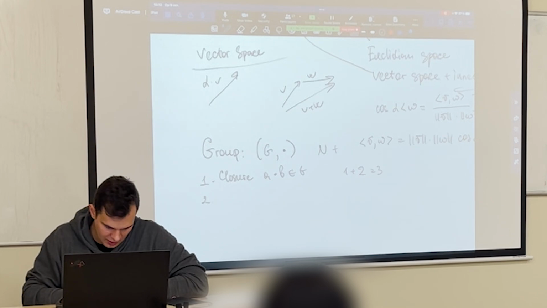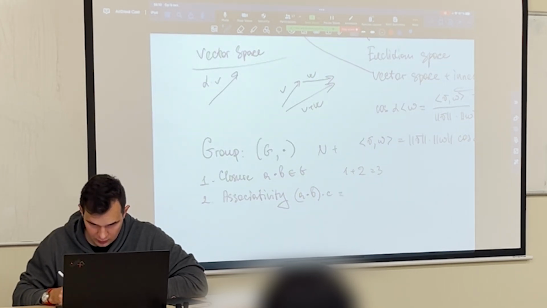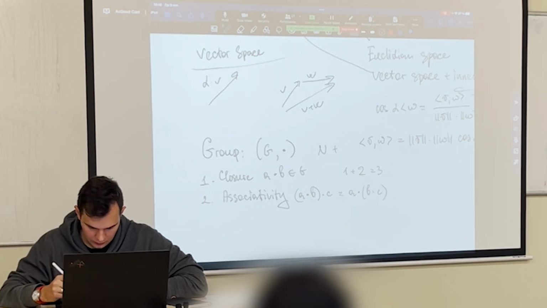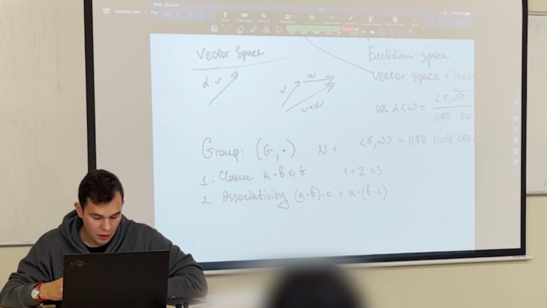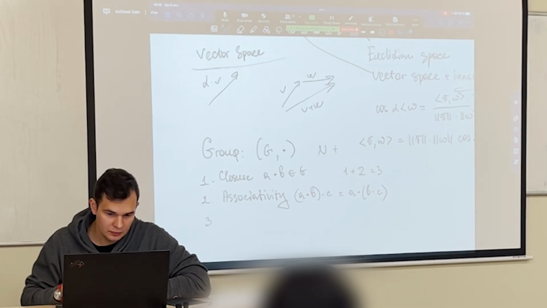The second property is called associativity. It's like one operation with another element, then C, equal to this stuff. For the sum, it also holds for the natural numbers.